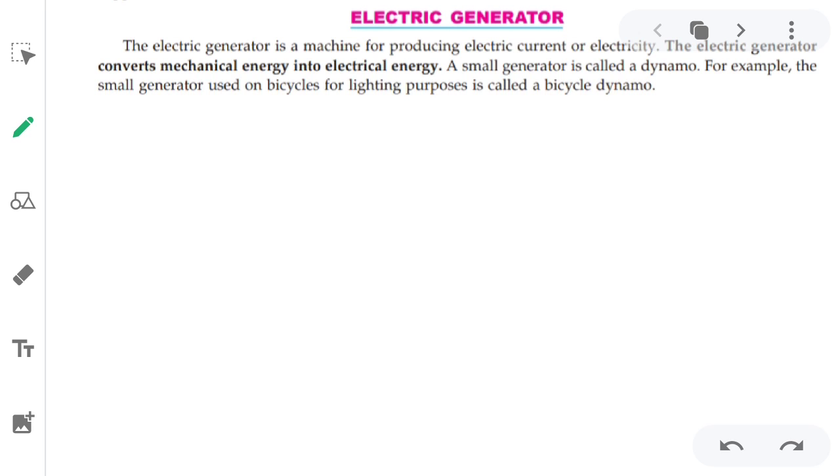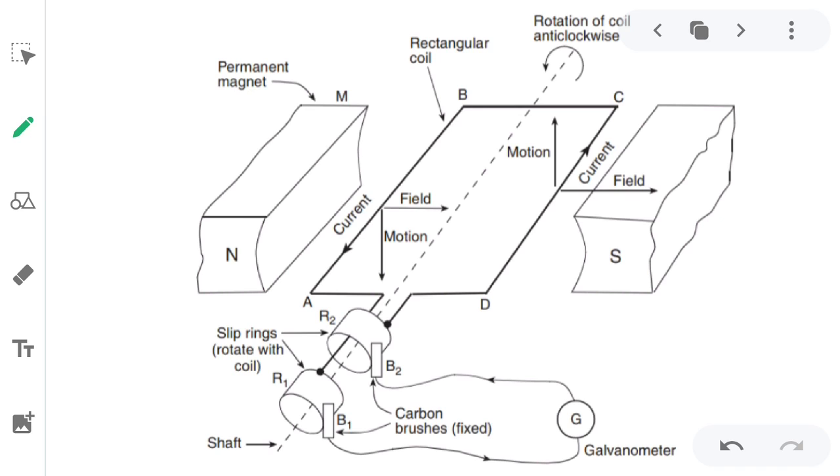But that is the only main function of the electric generator, that it changes mechanical energy into electrical energy. So first of all we'll study the AC generator. Now let's see how an AC generator works and what its components are.